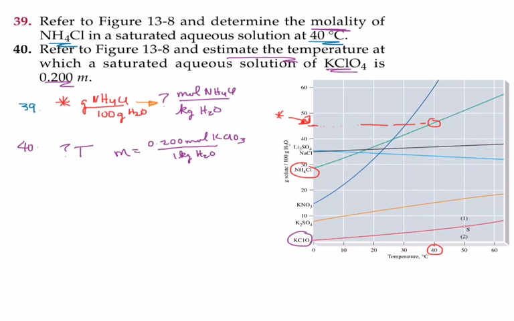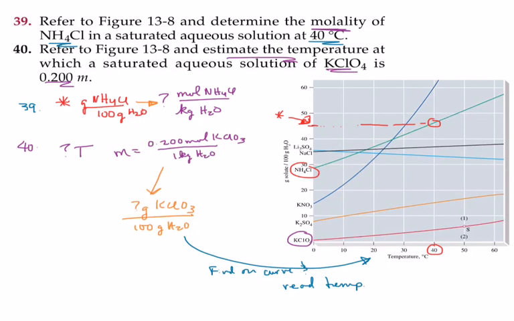What does that mean? 0.200 moles of potassium perchlorate, KClO4, sorry, per 1 kilogram of H2O. That's what it means. And so what you're faced with is basically turning molal into grams of KClO4 per 100 grams of solvent.